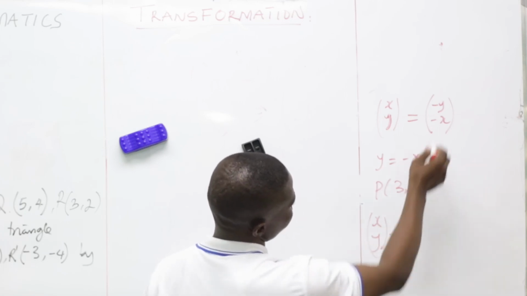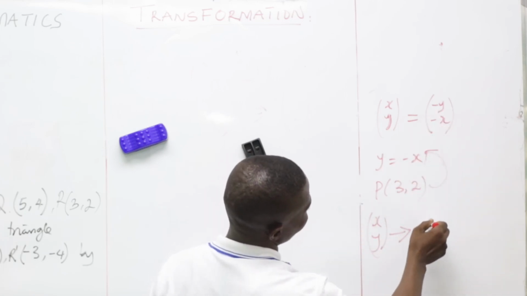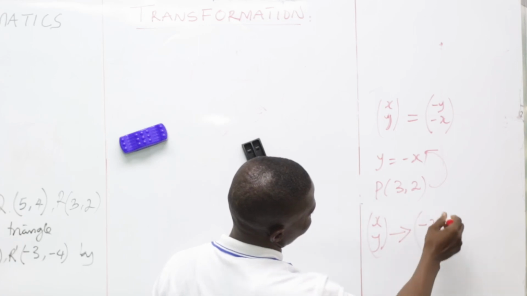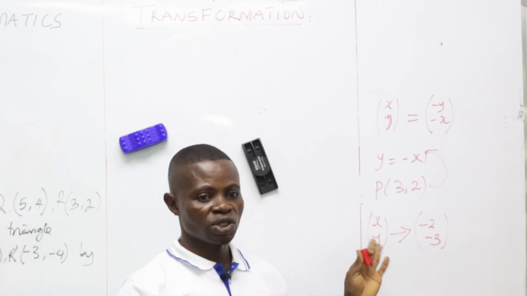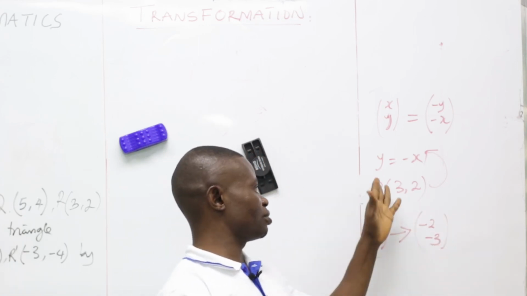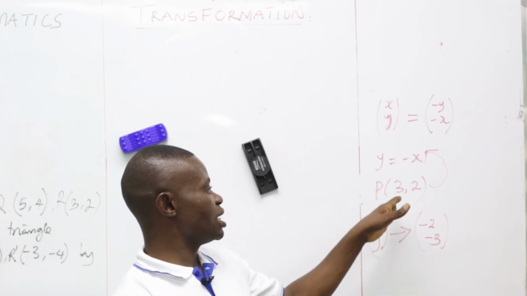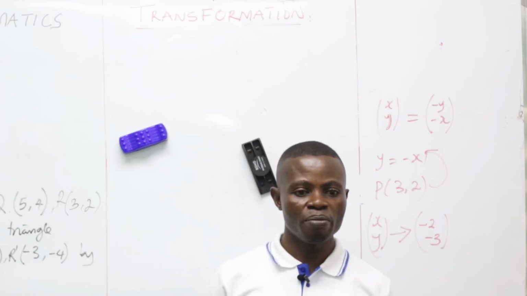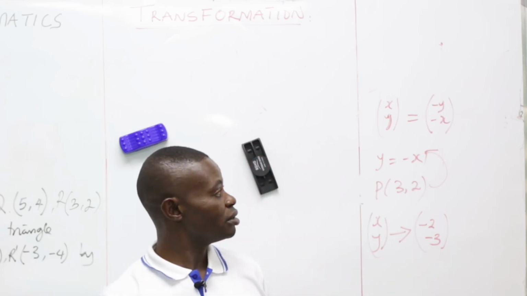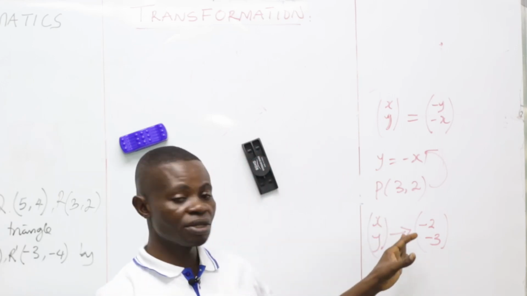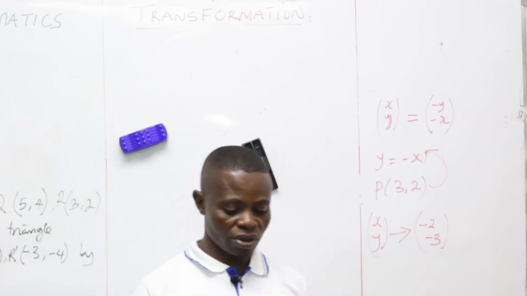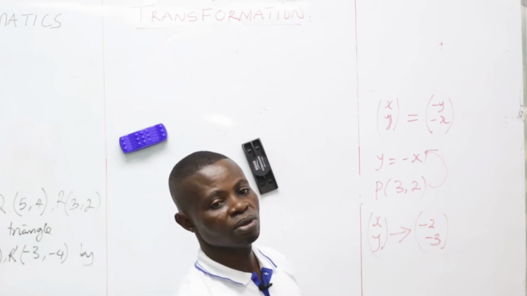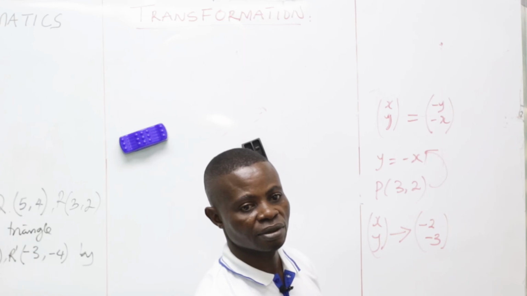This implies the image (minus 2, minus 3). That is all. Talking about reflection when it is in the line Y equals minus X, the solution for the question will be what? (Minus 2, minus 3).